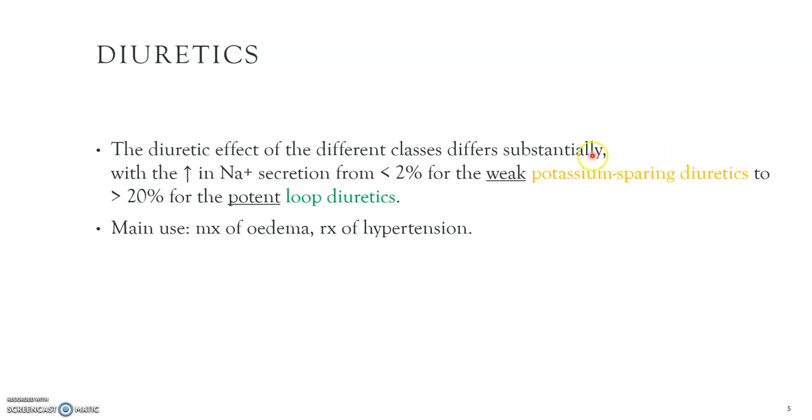And then the stronger, more potent loop diuretics can excrete more than 20% of sodium. In terms of diuresis power, loop diuretics are at the top, and the potassium sparing diuretics are towards the bottom. The main use of diuretics is for management of edema and treatment of hypertension.